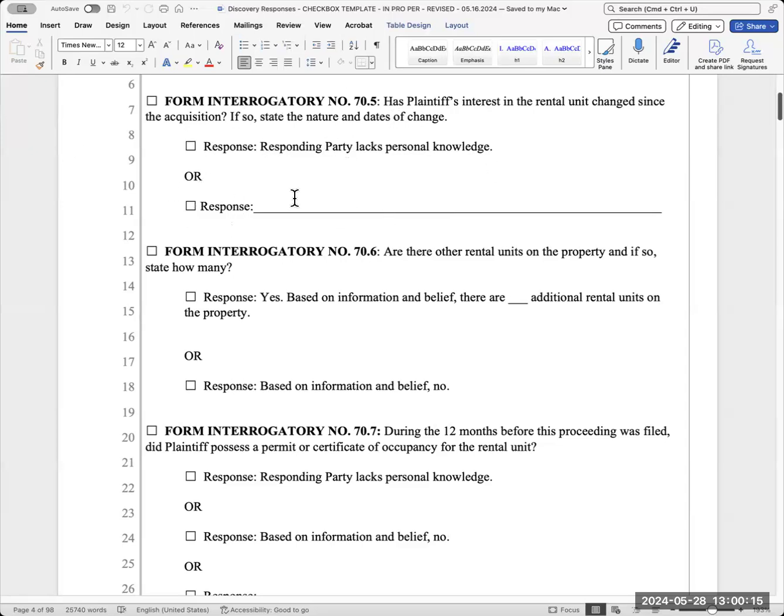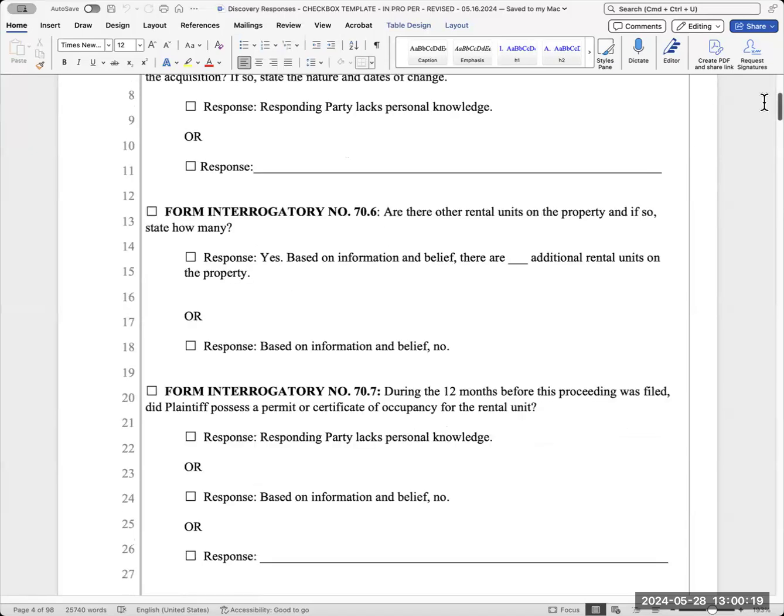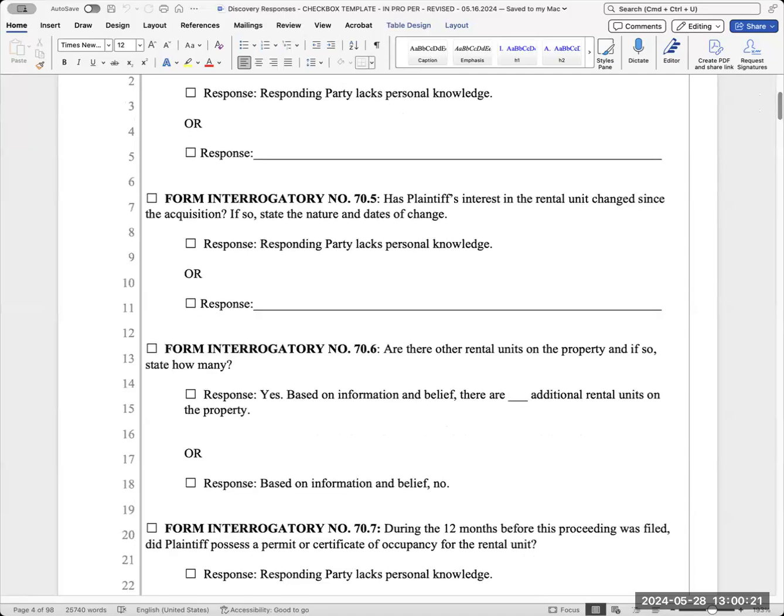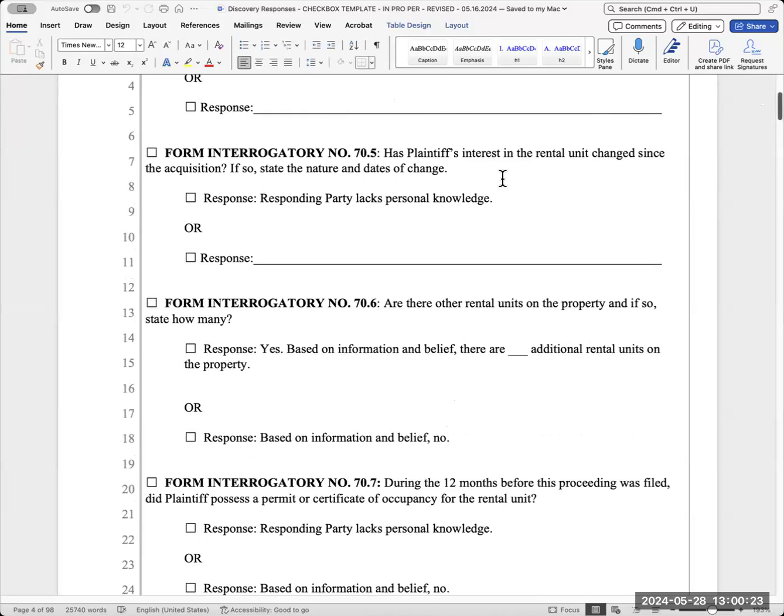If you know for a fact some answer other than that, you put it here. It's a good way of, when you read a question, asking: is the question asking me to get inside the plaintiff's head to answer? Because I can't do that. So I'm going to consider this answer for something like that. Or if for some reason you know some other factual answer based on something tangible, you put that there.